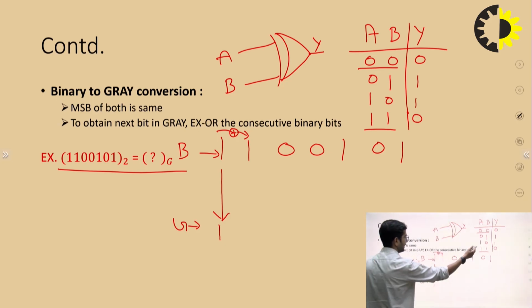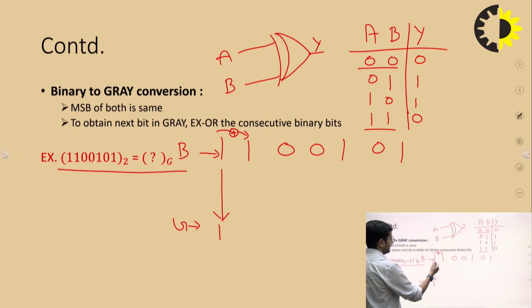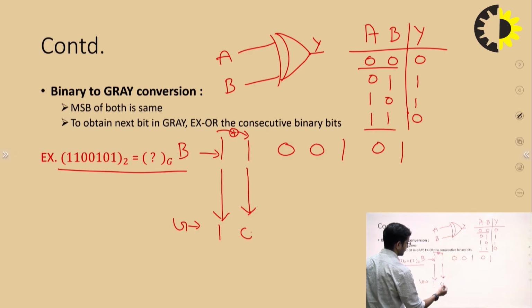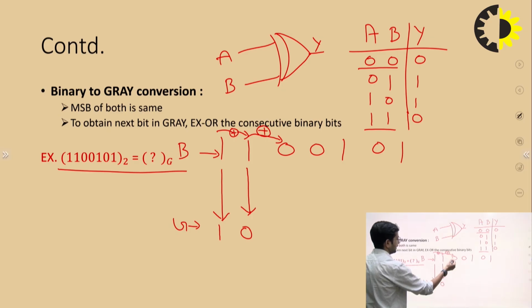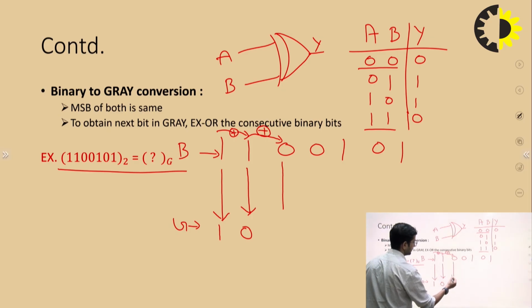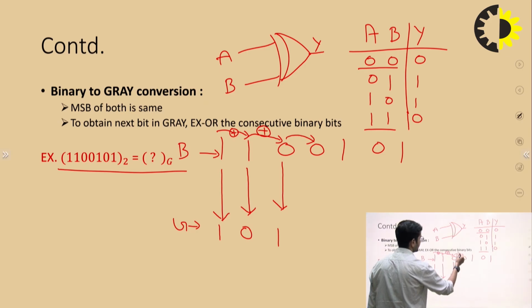So if we apply the XOR concept here, the first bit stays 1, and 1 XOR 1 is 0. Again for the next bit, we have to take the XOR of the upper two bits of the binary number. So 1 XOR 0 is 1 because these two are different. Again 0 XOR 0 are the same bits, so it will be 0.